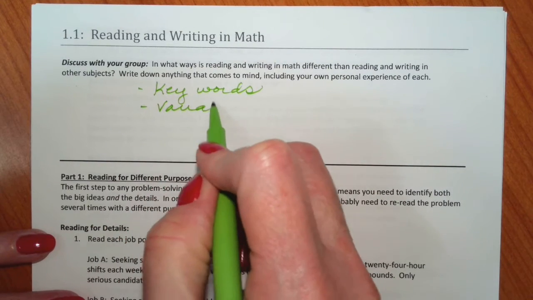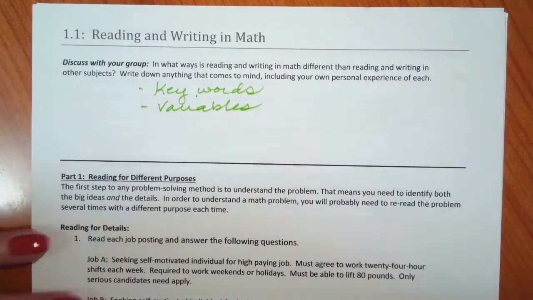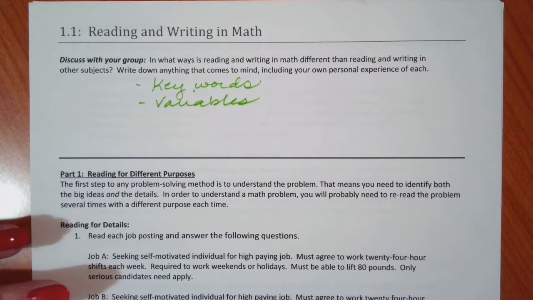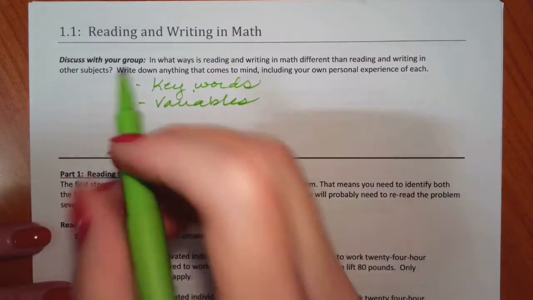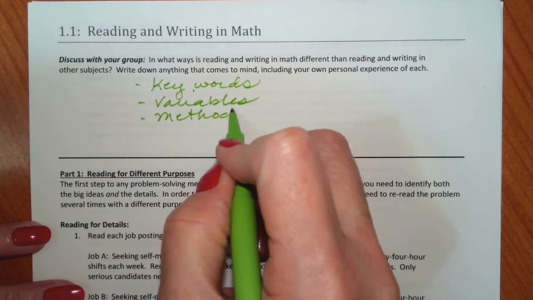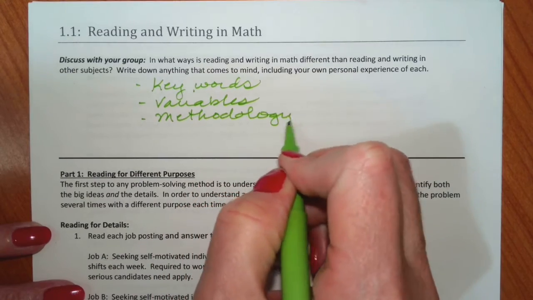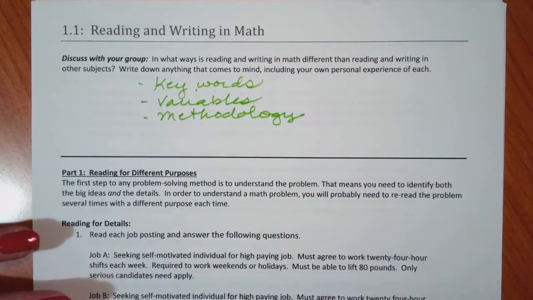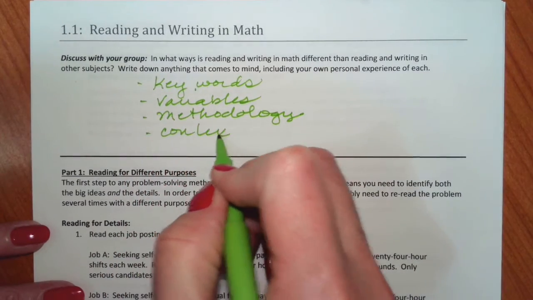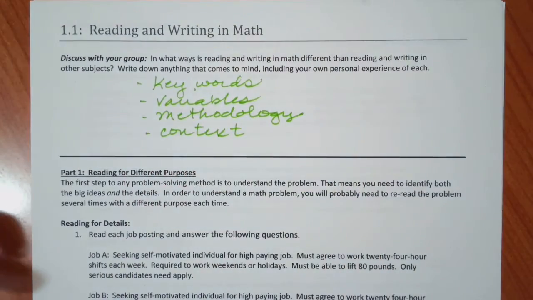Identifying the variables: if you're reading a question, what do they want to know, or what is unknown in the problem? Methodology: how are you going to take this information and come up with a method to solve or do something else? And context. There are many others, and I'm sure you can think of many more. These are just some that came to mind.